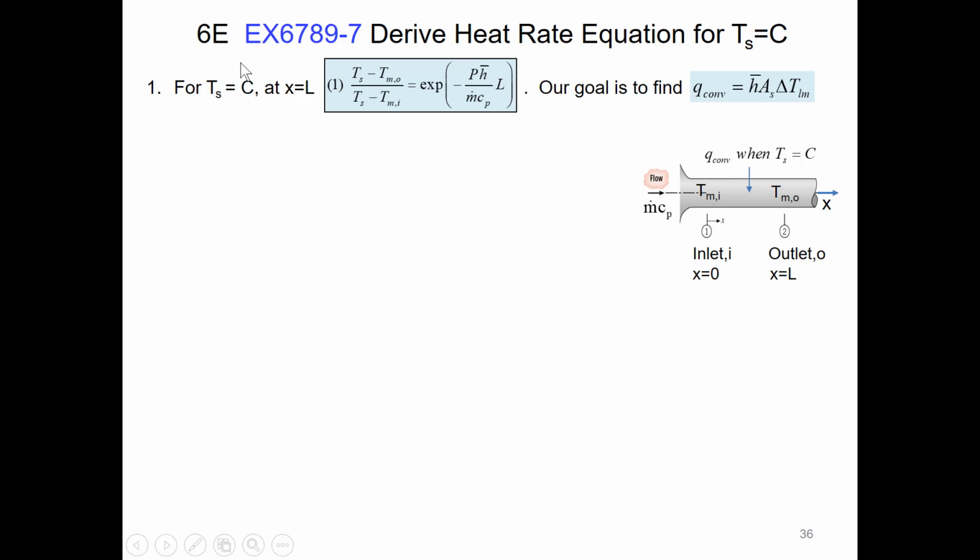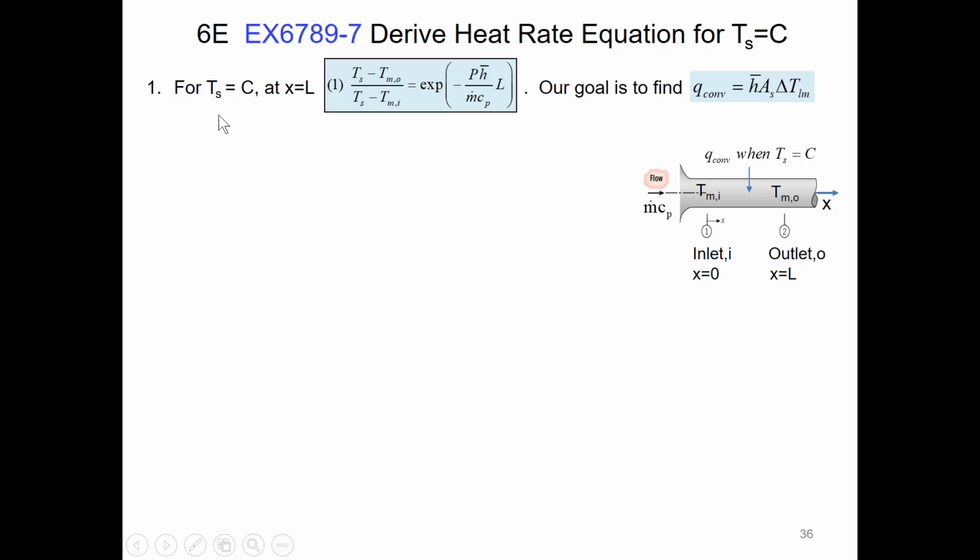E. We will use example 7 to show how to do the derivation on heat rate equation for constant surface temperature thermal boundary condition. 1.